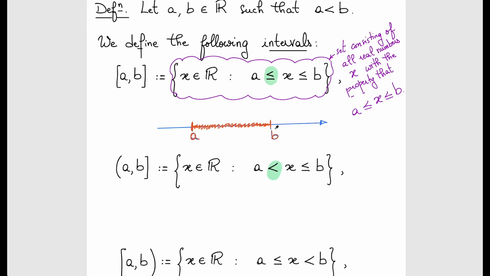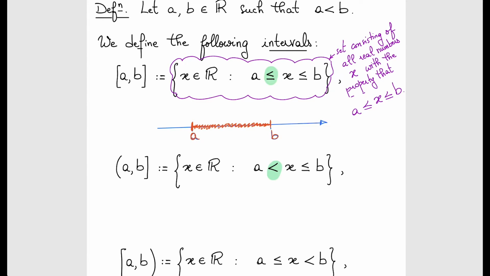Correct? So if the object is allowed to be A, then I'm having this bracket. And if this object is not allowed to reach A, it has to be above A, then we have parentheses. How does this translate pictorially?